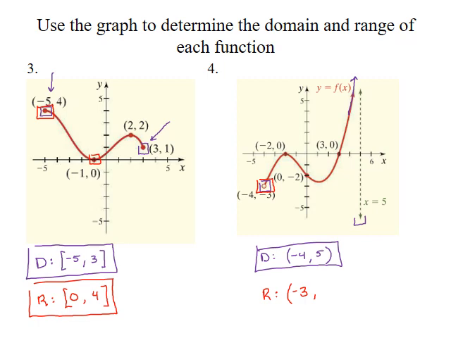Since this graph is going up forever, what do you think the highest y value would be? Well, it would actually be infinity, because it's going to go up forever and there is no asymptote to stop it. It goes all the way up to positive infinity. And since infinity, we talked about back in chapter 1, is not a real number, we have to use a parenthesis there. So very good.